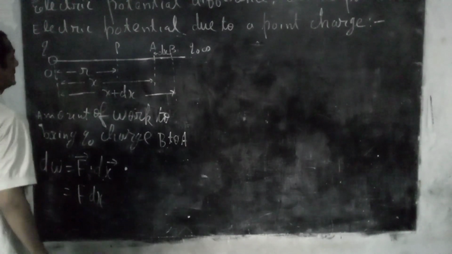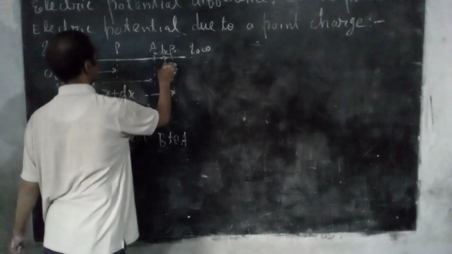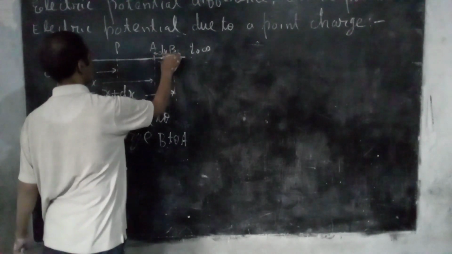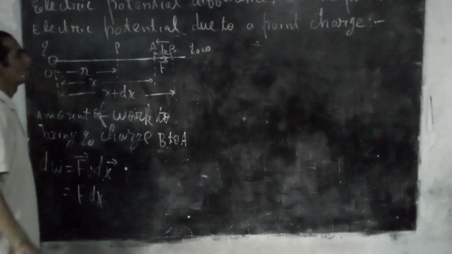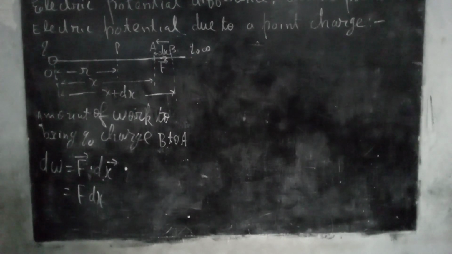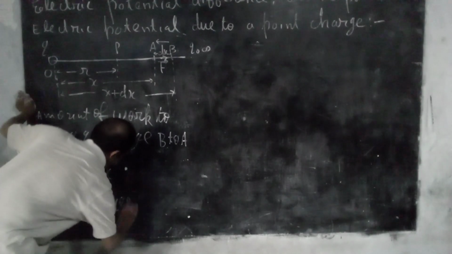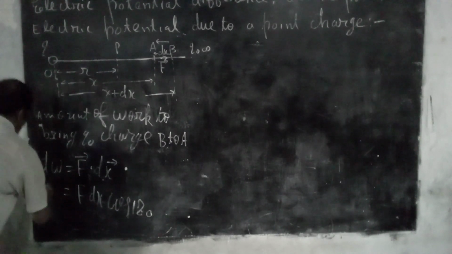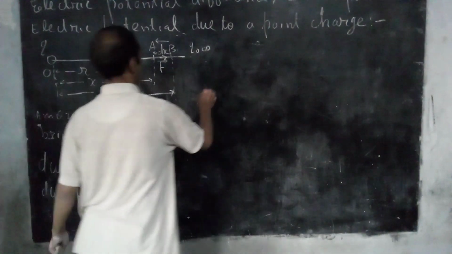Force is away from the given charge, that is from A to B, and displacement is from B to A. So these two vectors are opposite. The angle between opposite vectors is 180, so cos of 180. So dW is equal to F dx cos 180.